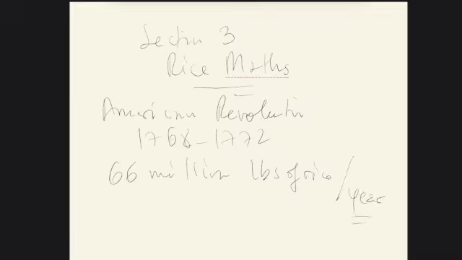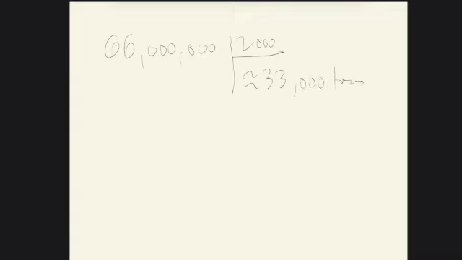Okay, so 66 million pounds, let's convert that into tons. So 66 million divided by 2,000 gives us roughly 33,000 tons of rice every year.